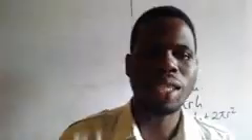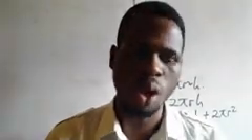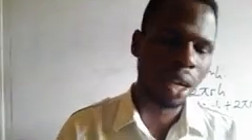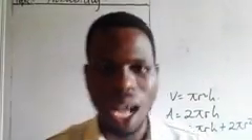So today we are looking at probability. What is probability? Probability simply means the measure of the likelihood of a required outcome. And what is the formula for doing this?